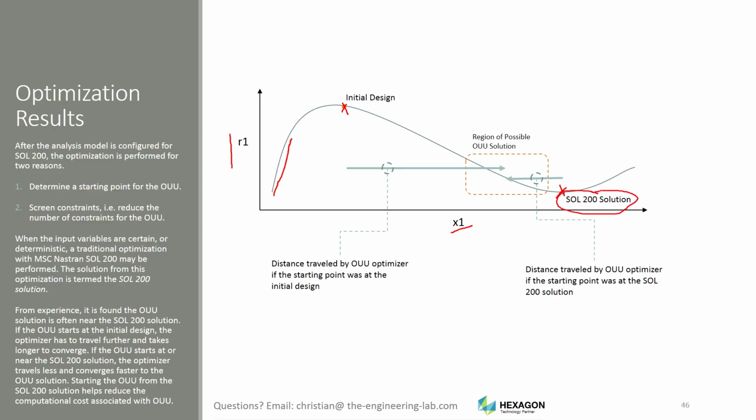If you look at the Sol 200 solution and you calculate your worst case probability of failure, maybe you get a 50% probability of failure. That's not good for us. Maybe at the initial design, we get a 0% probability of failure. Maybe our aim is to get a 1% probability of failure.